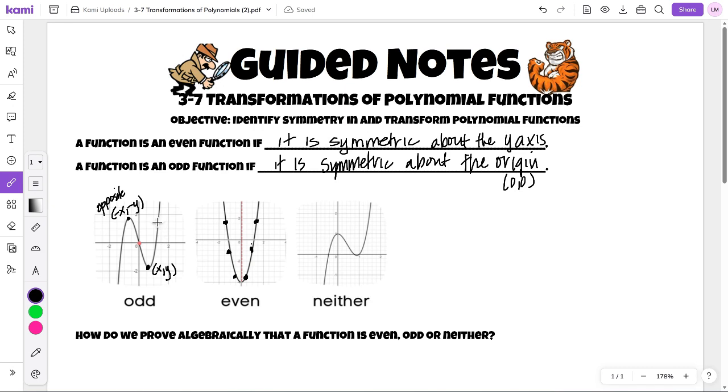So if I plug in, let's say this is our second point, x2, y2, then I know that the opposite of this is down here. This will be the opposite of x2 and the opposite of y2. All right, so they are completely opposite.